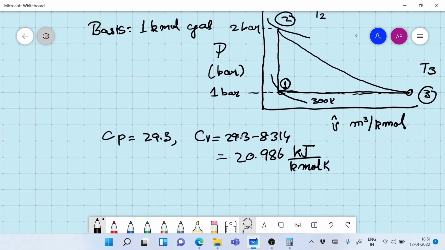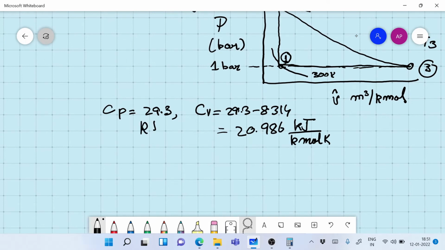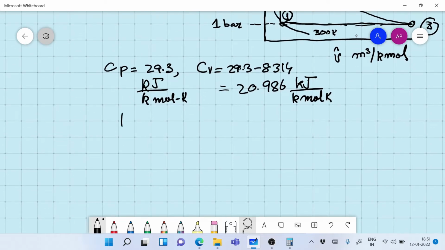So this is also kilojoule per kmol Kelvin. So we take R as 8.314, which we have already used.